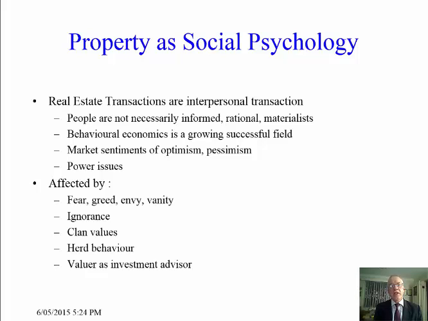Each one of those events deals ultimately with the behaviour of people. When we look at the tendency of people to behave in this way or that, we're talking about psychology. And so understanding or interpreting property value in terms of positive behaviour can be understood in terms of social psychology, or at least the methods of social psychology.